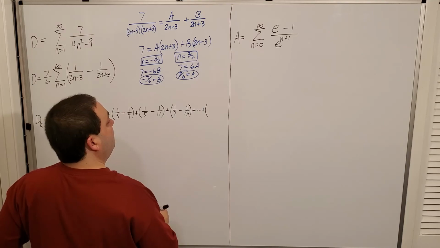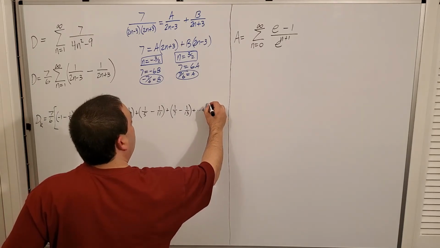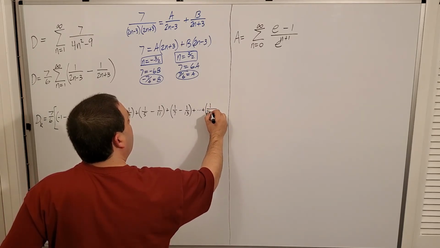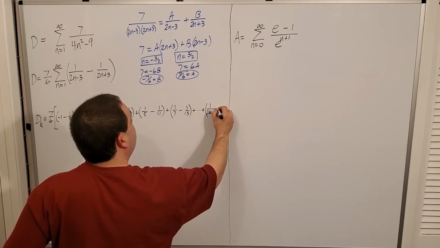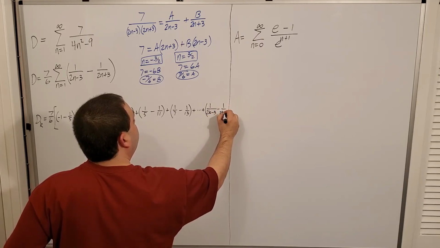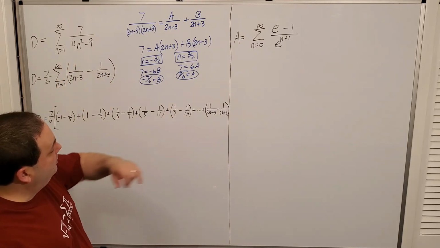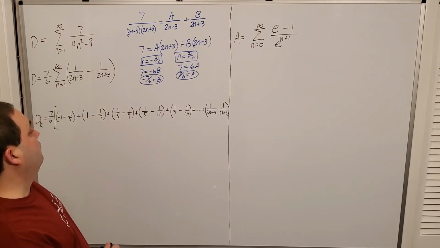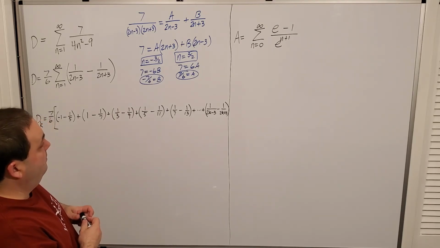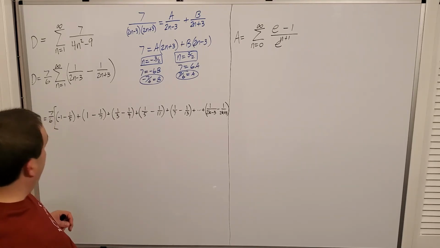The kth term is going to be 1 over 2k minus 3 minus 1 over 2k plus 3. Right? It's going to look just like that. Okay, so let's look for the pattern.